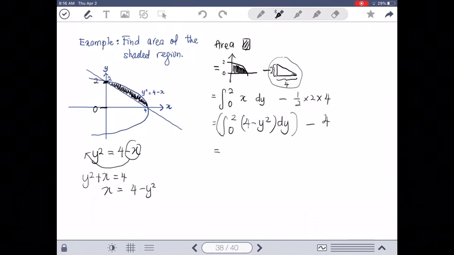So solve the area under the curve, which is equal to 4y minus y to the power of 3 over 3, from 0 to 2, minus 4.